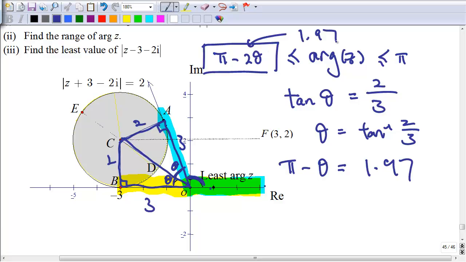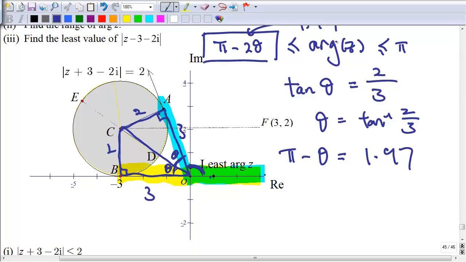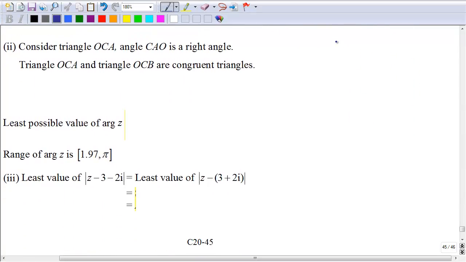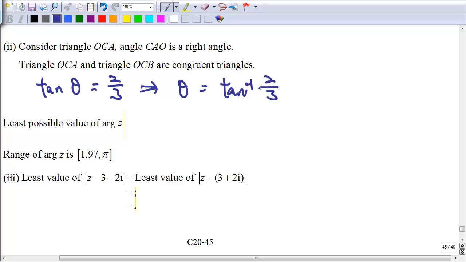Done. So again, let's fill in your notes with the information above. Tangent theta is equal to 2 over 3. This means your theta is tangent inverse 2 over 3. So the least possible argument of z is pi minus 2 theta, giving you 1.97.